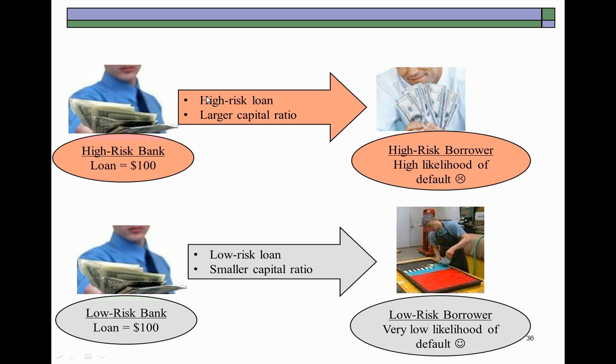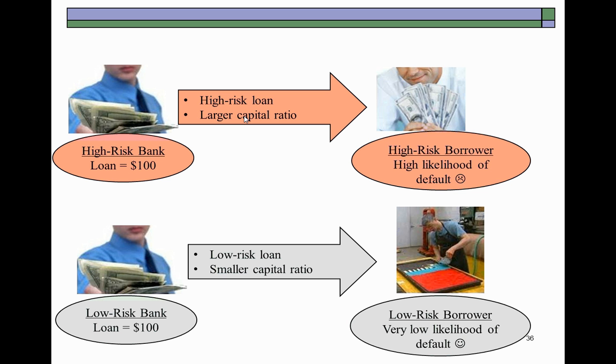So in essence, we summarize here, if a bank engages in high-risk loan, then a larger amount of capital would have to be required to ensure that the bank is able to absorb all financial risk losses.